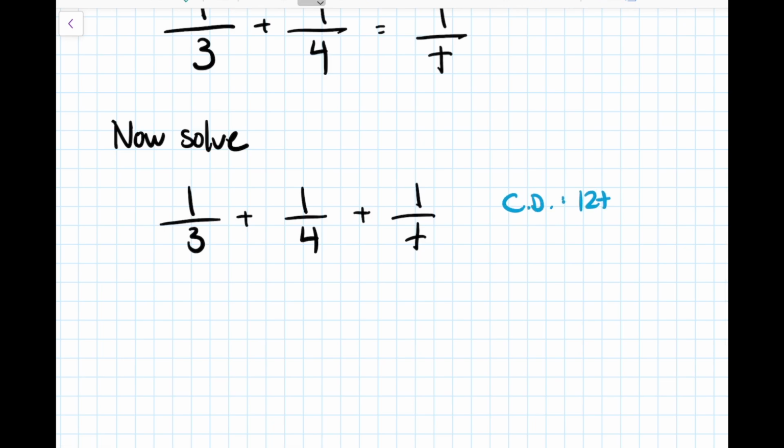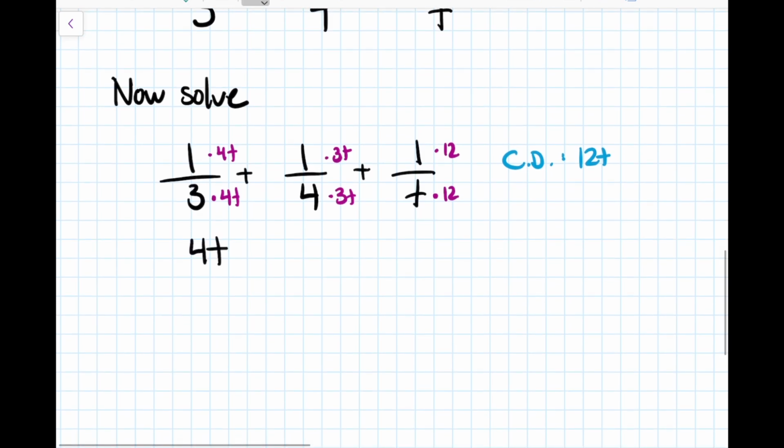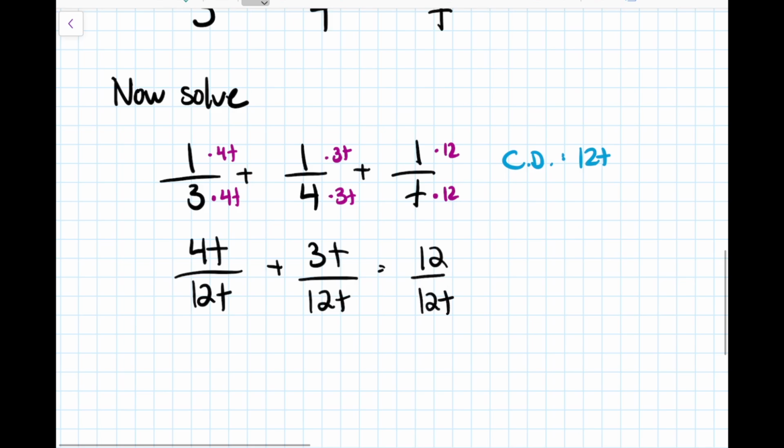And so to make this solvable, my first fraction needs to get multiplied by 4t. My second fraction needs to get multiplied by 3t. And my third fraction needs to get multiplied by 12, which is going to leave me with 4t over 12t plus 3t over 12t equals 12 over 12t.